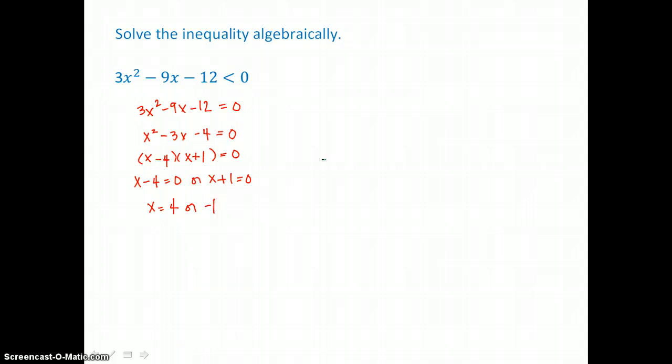Now these are critical values that I can graph on a number line. So I'll graph 4 and negative 1 with empty circles, since equals is not part of this inequality.